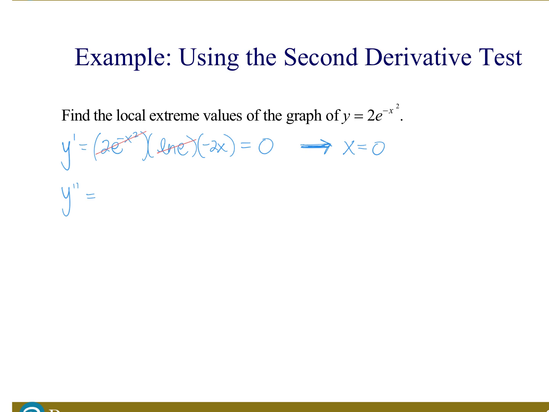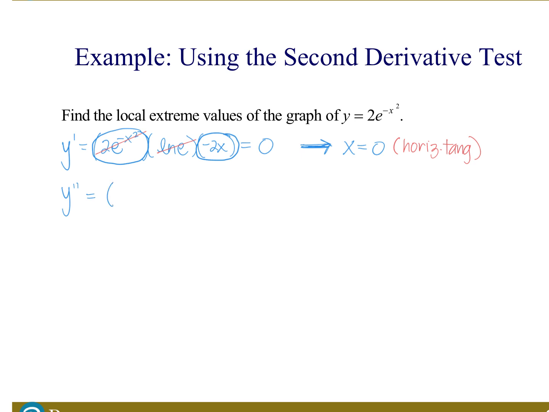Now that's enough to tell me I have a horizontal tangent, but it is not enough to tell me if I'm an extreme max or extreme min. So now I need the second derivative. Kind of wish I hadn't crossed out some of that stuff because I'm going to need it for my second derivative. My second derivative is going to need the product rule. So I'm going to be working on this part and this part, since ln e is 1 and not part of it.